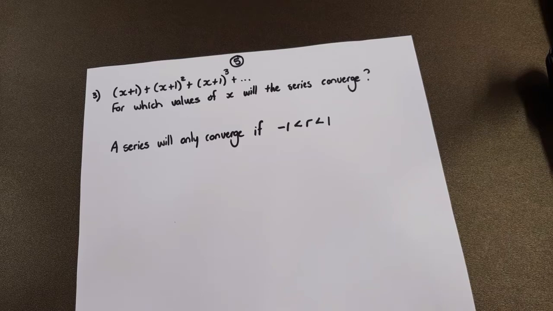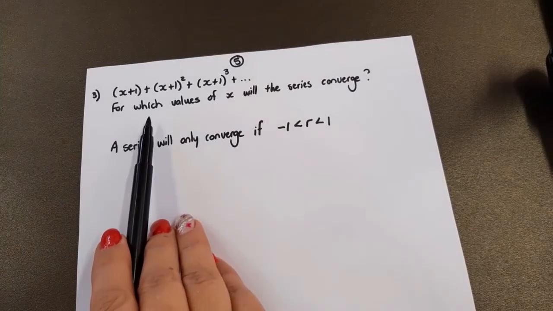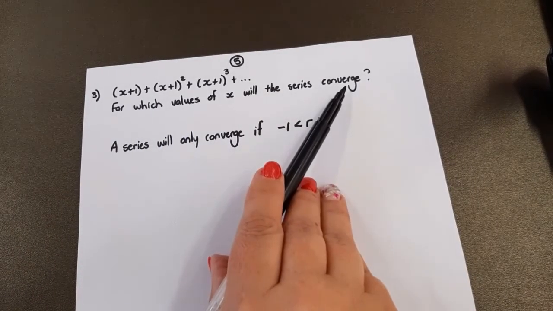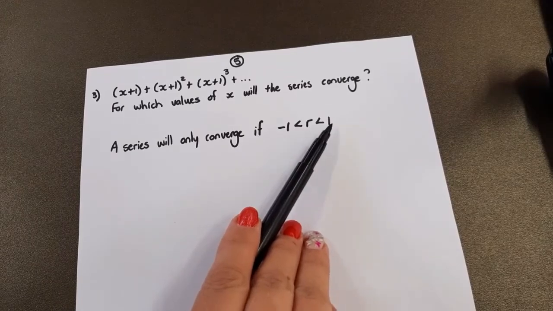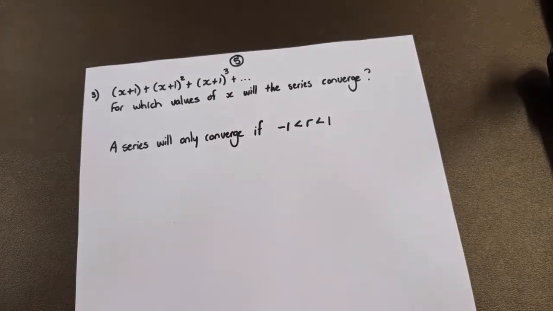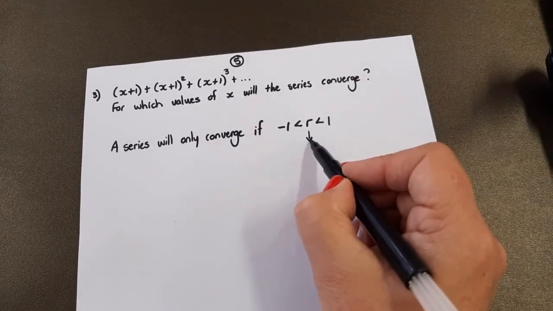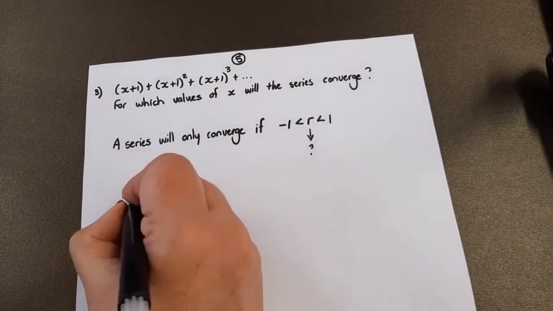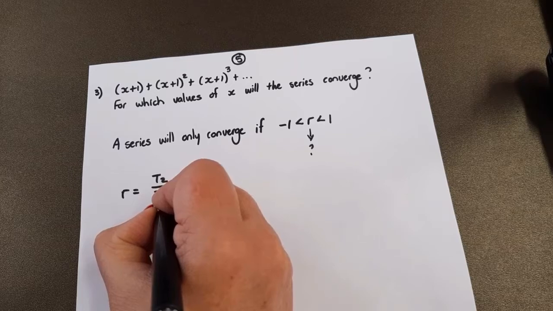The last example, we have a series, and they ask us for which values of x will this series converge. Now we know that a series will only converge if r lies between 1 and -1. So we need to work out r. R will be term 2 divided by term 1.